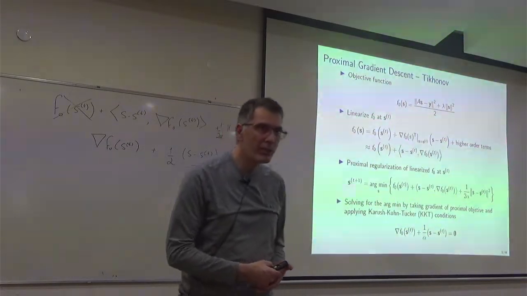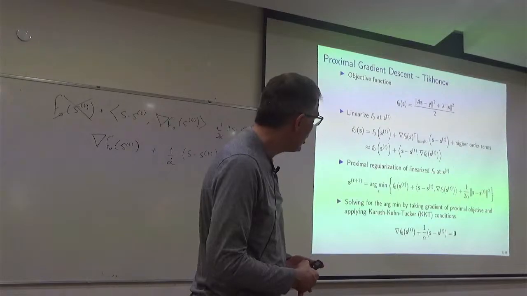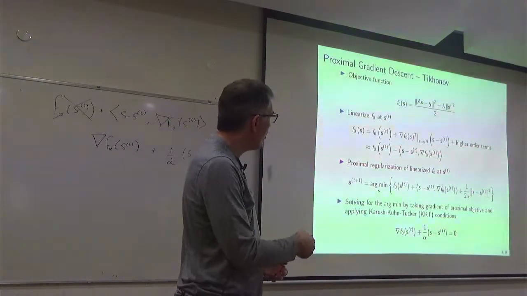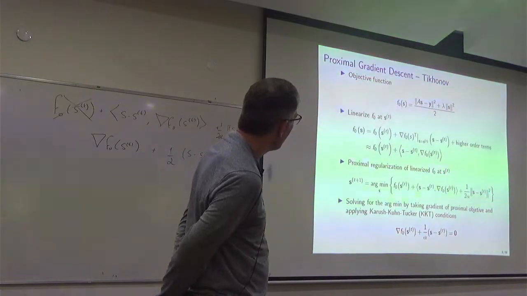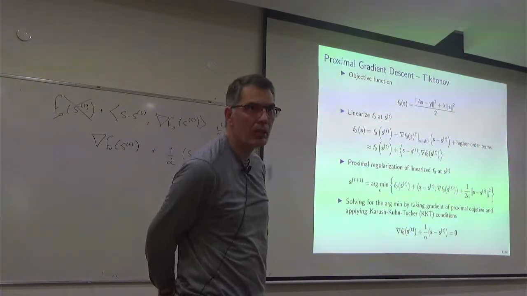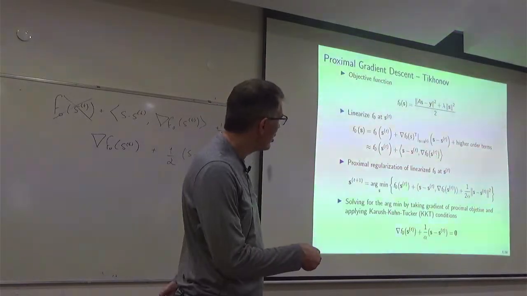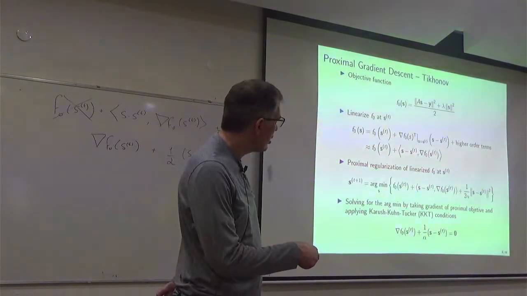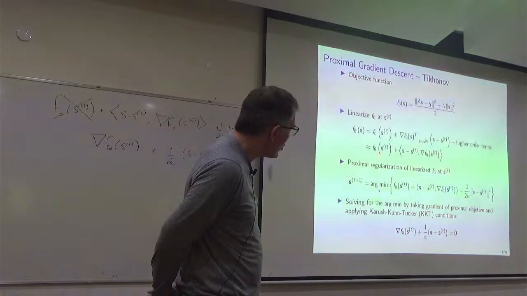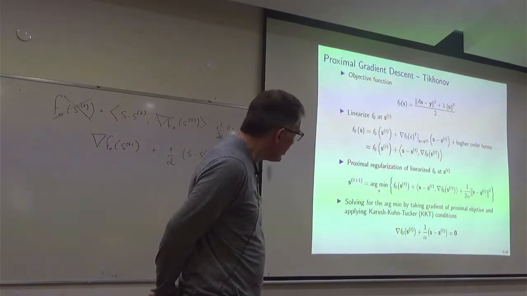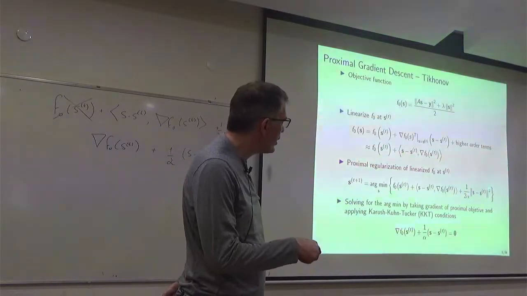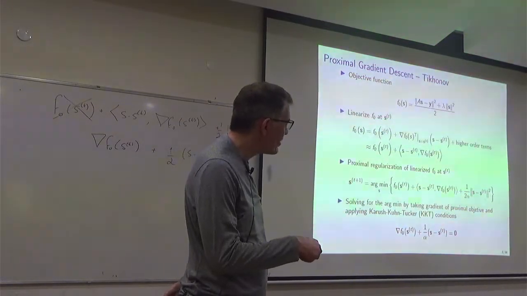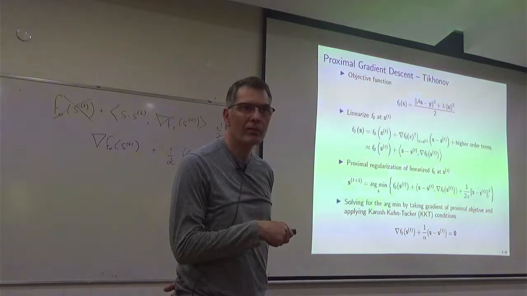Yeah, so this is, oh, you're saying I'm missing the lambda? First of all, you're saying the mean square error, but this is not random right now.